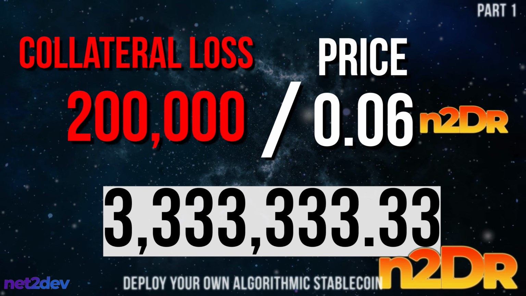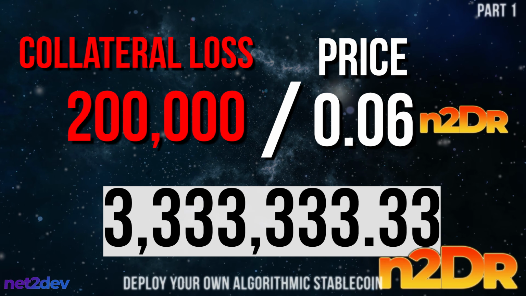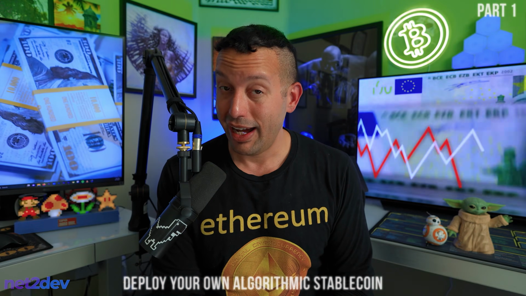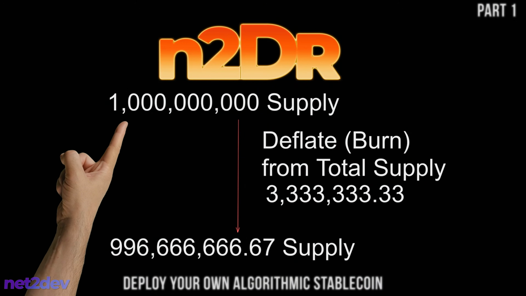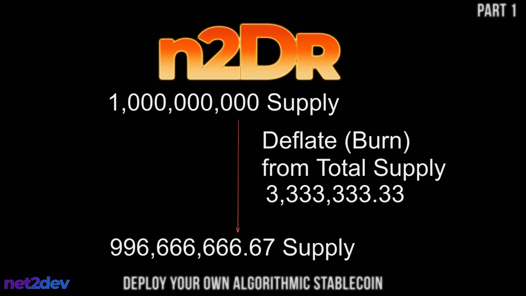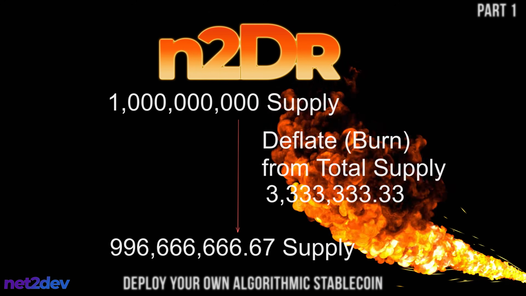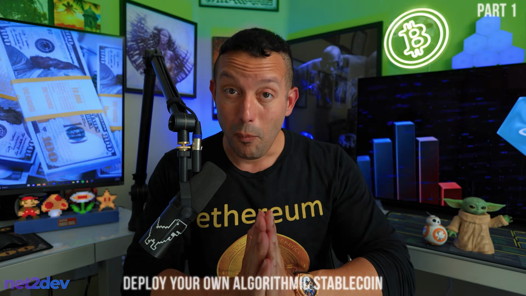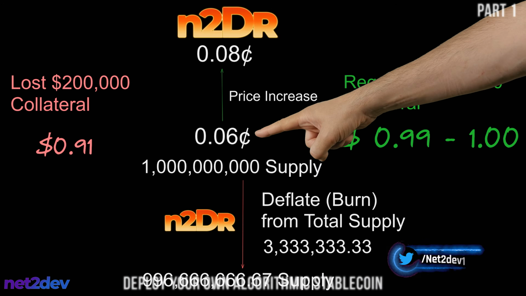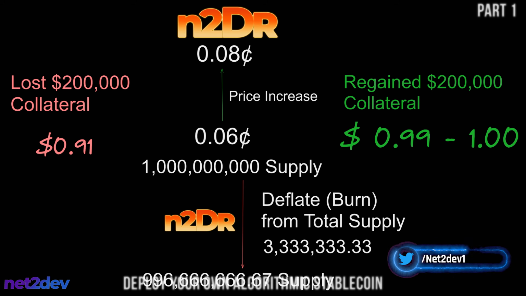So we're going to be ending up with that balance, which we burn out of my N to the R total or available supply. We can say that the N to the R token has a billion supply, and we burn 3.33 million N to the R tokens. And by doing that, we are effectively raising once again the token value to 0.08.